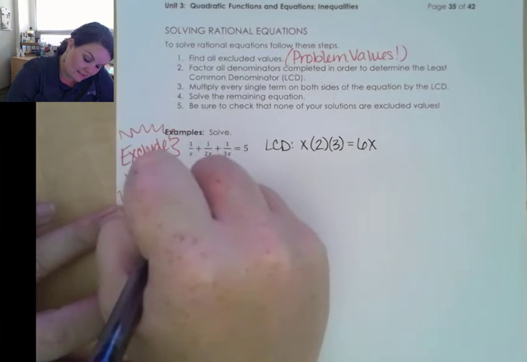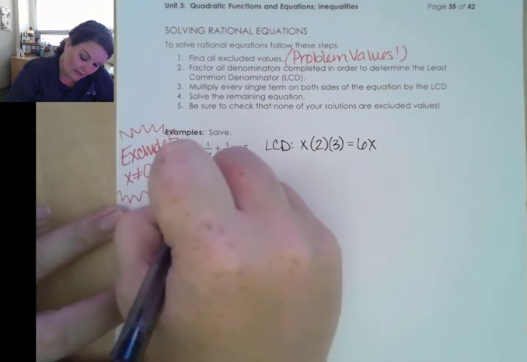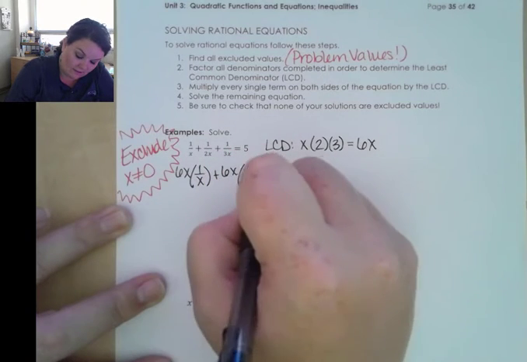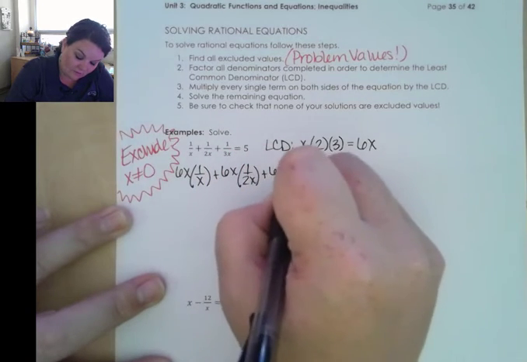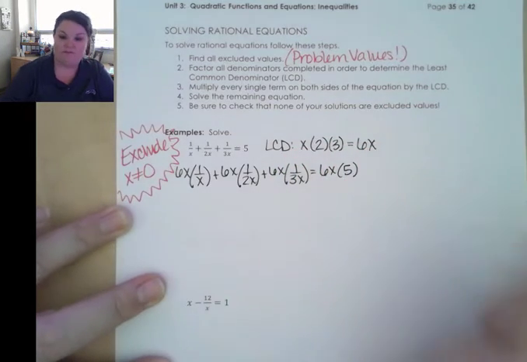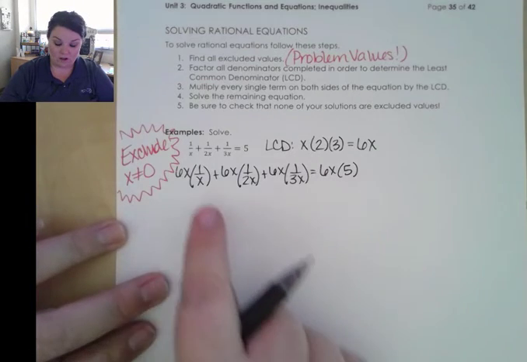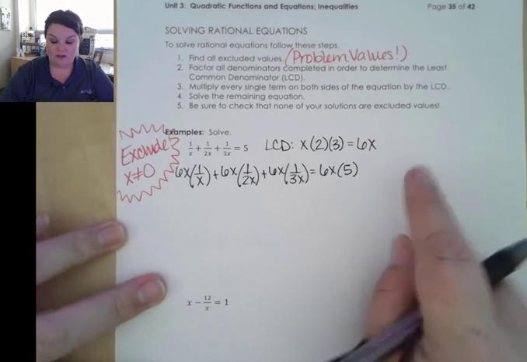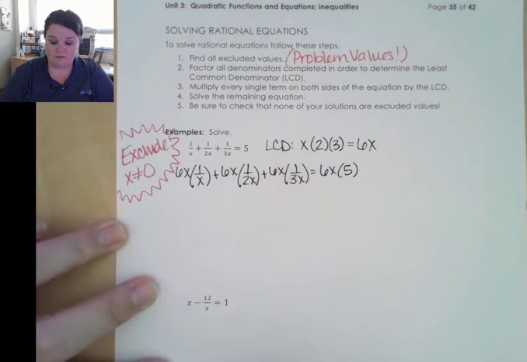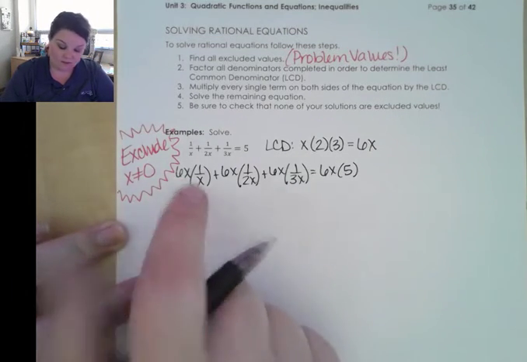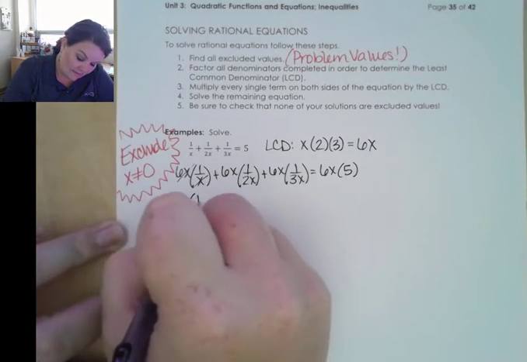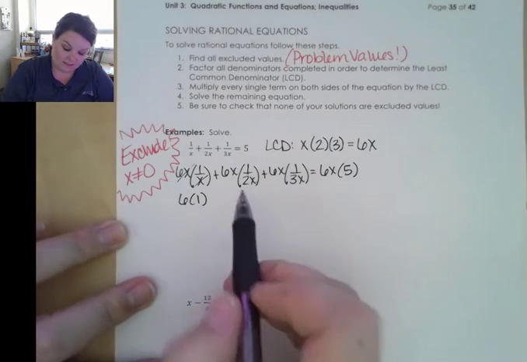So we're going to do 6x times 1 over x plus 6x times 1 over 2x plus 6x times 1 over 3x is equal to 6x times 5. Notice all I'm doing is multiplying the entire equation by whatever least common denominator I came up with, so that I can reduce these. Notice here, my x and my x reduce, and I'm left with a 6 times the 1 on top. On this one, same thing.